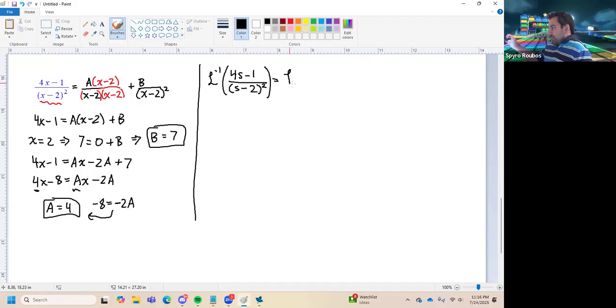Again, I don't know that, but our inverse on the inside breaks up as 4 over s minus 2, plus 7 over (s minus 2) squared. Alright, this one isn't as straightforward. At least this guy is easy. That one we know is going to be 4e to the 2t.